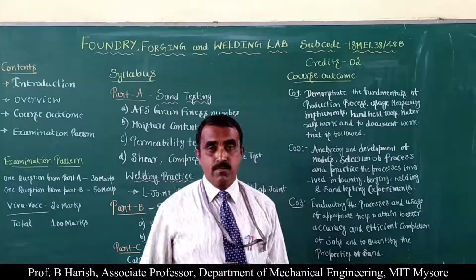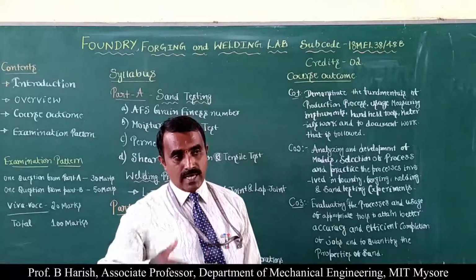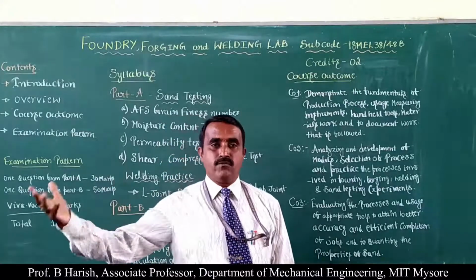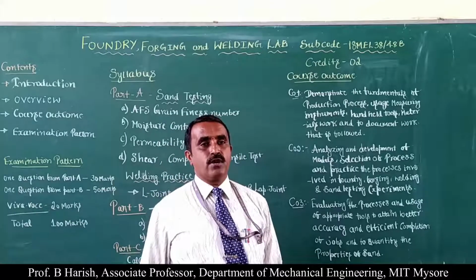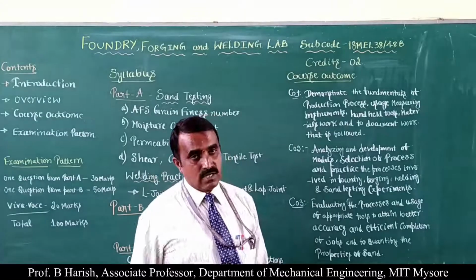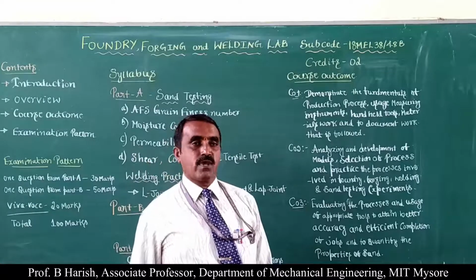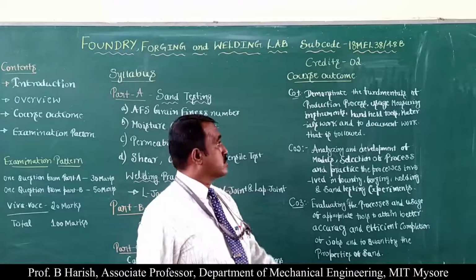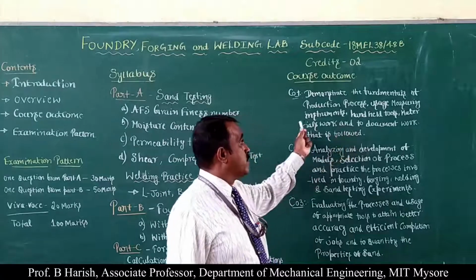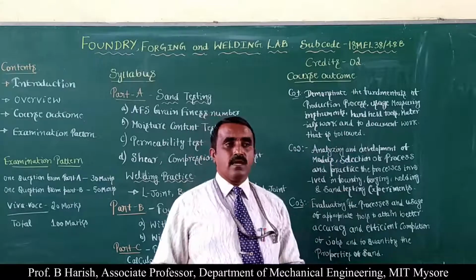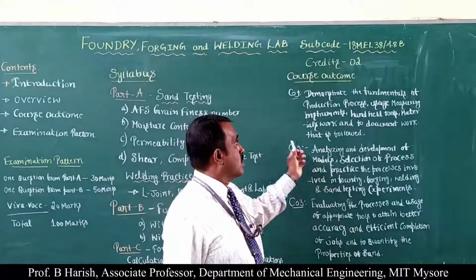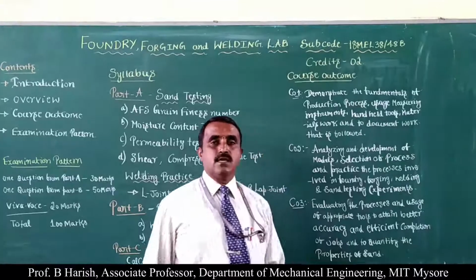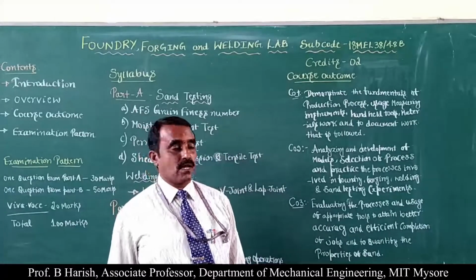And different tools we will be using: for carrying out the forging operation, similarly the foundry operations and even the sand test experiments, we will be using different equipment and tools. So basic things about hand tools, and the same will be documented. That is the first CO of this particular lab.